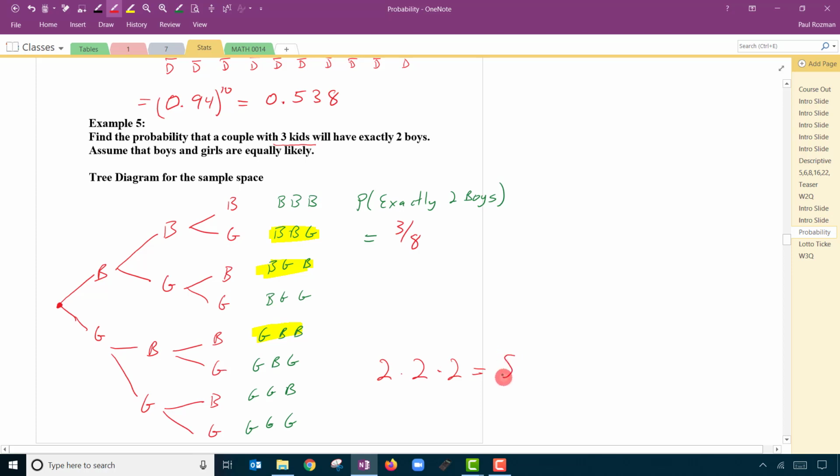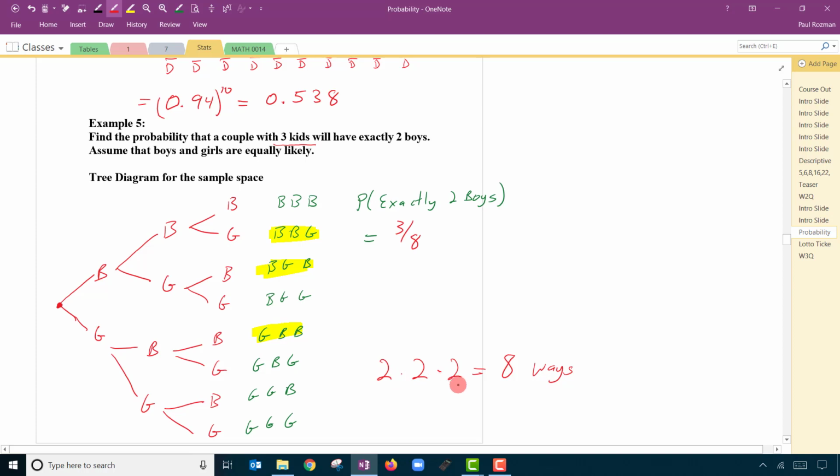So that gives a total of 8 ways. But the number of ways of getting 2 boys and 1 girl is a little trickier, because you can't just use this multiplication rule.